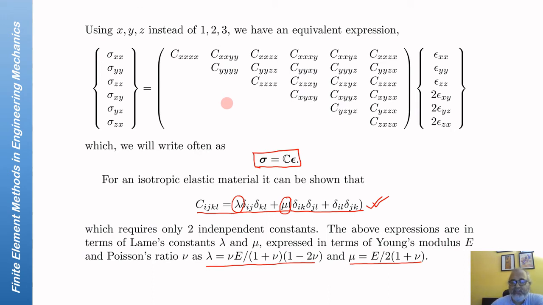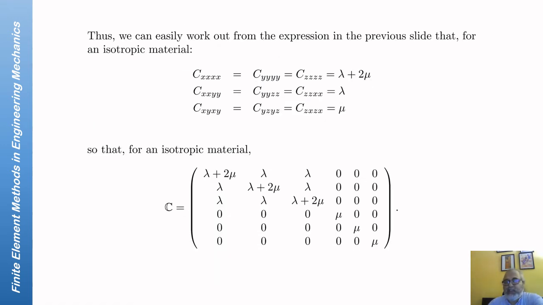Now we are going to fill up this 6 cross 6 matrix with the moduli of the isotropic Cijkl tensor, and then you will immediately see that for an isotropic material, C1111, 2222, 3333 are all lambda plus 2 mu. C1212, C2323, C3131 are all mu.